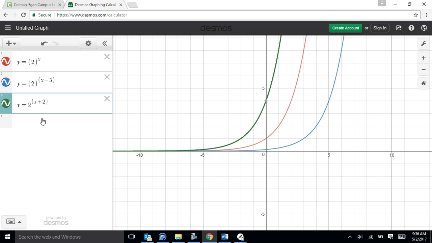So if we did another one, if we had 2 to the x minus 5, how would that move our graph? Right, so if our exponent was x minus 5, then our graph would move to the right 5 units.